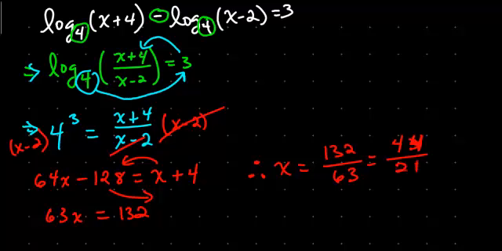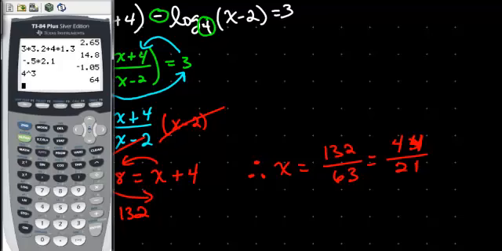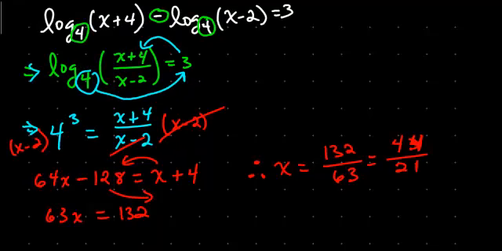Let me make sure: 132 divided by 3, yeah, 44. So 44 over 21, and 7 or 3 don't divide further. So I think that's the nicest answer I get there: 44 over 21. Okay? Let's jump to another one.